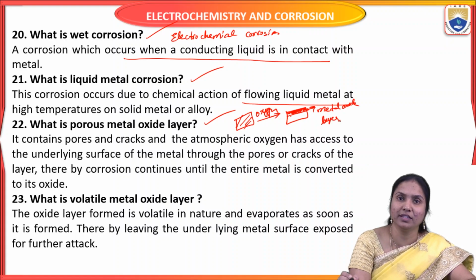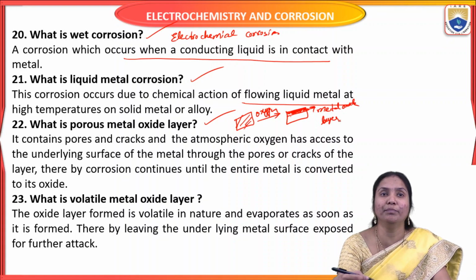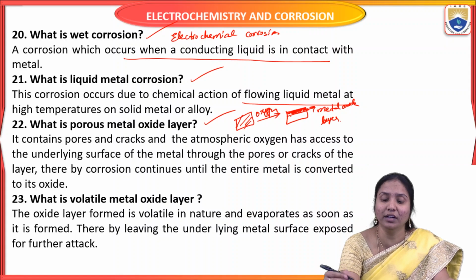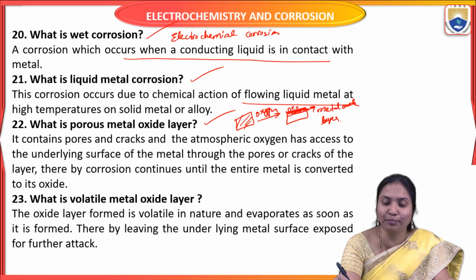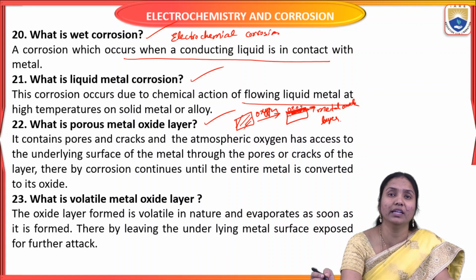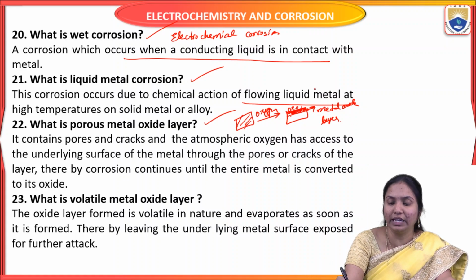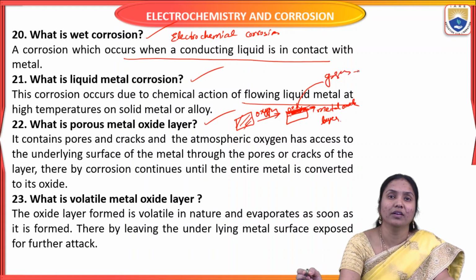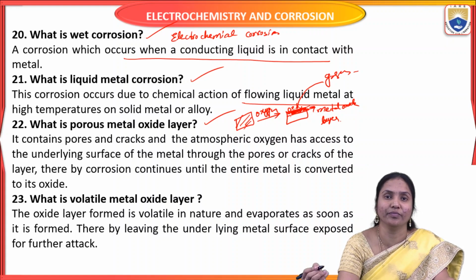But if for any reason, such as impurities present on that metal oxide layer or other chemicals attacking it, cracks, that means pores, are created in the metal oxide layer, then other gases can attack through these pores. That is called a porous metal oxide layer. In this case, the metal easily undergoes corrosion.